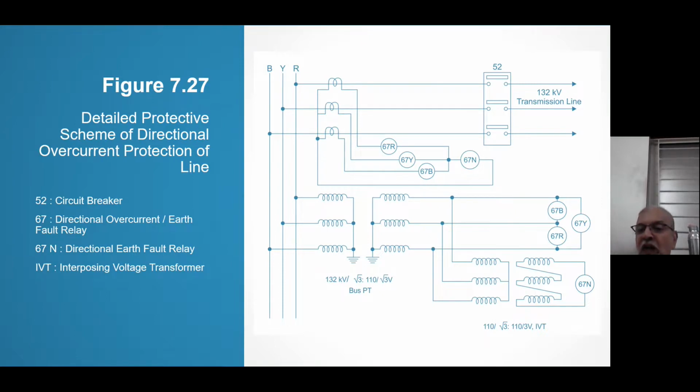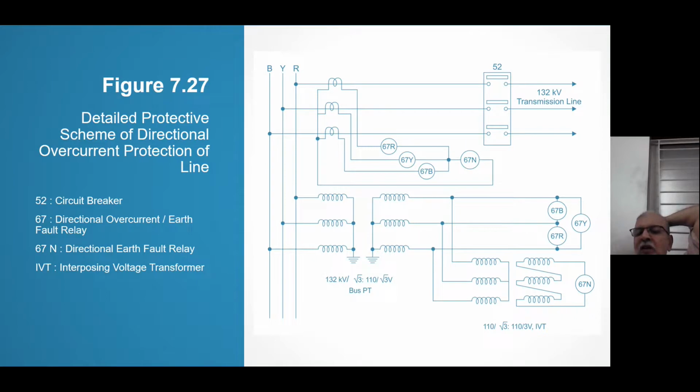Now, for the earth fault relay, what do we do? I take out separate connections once again and have one more IVT, interposing VT, which is 110 by root 3 is to 110 by 3. So it measures exactly the zero sequence voltage. And zero sequence voltage is present only in case of LG and LLG fault. So 67N will get a juice only for LG and LLG fault.